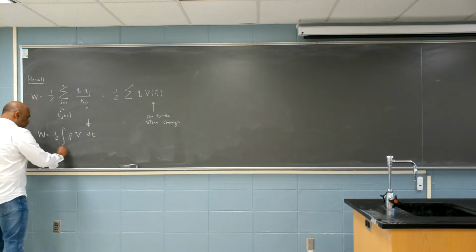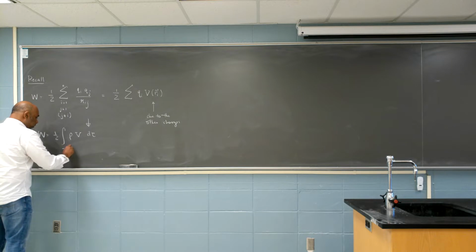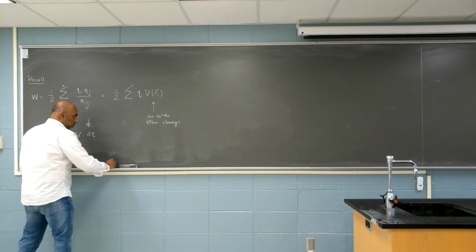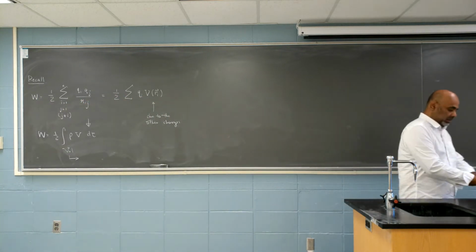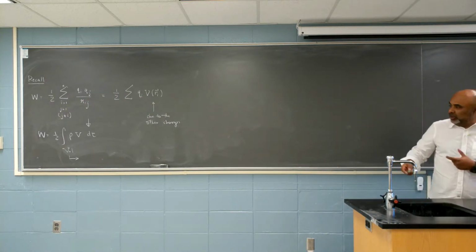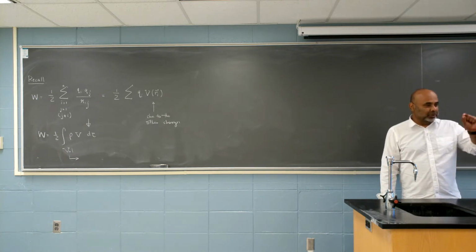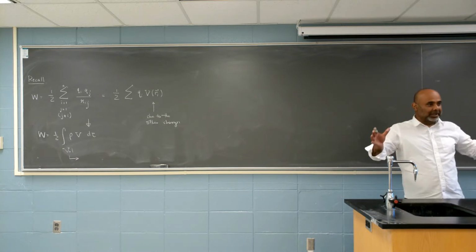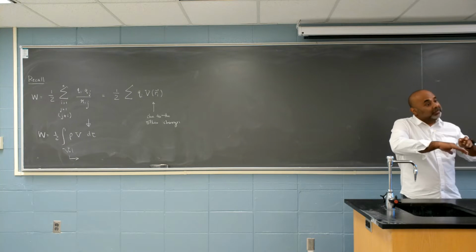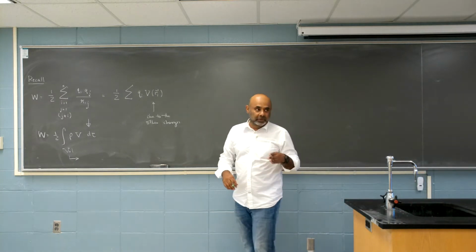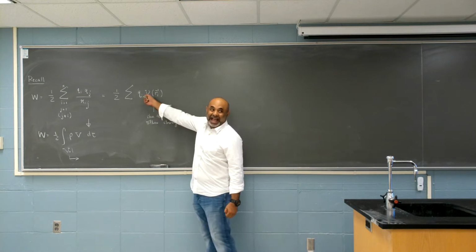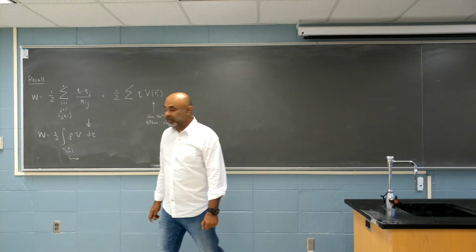Well, what volume do you include? When I use the integral expression, I won't show isolated charges, I'll just show a bulk charge, or even a sheet charge or line charge is fine. But if you have individual charges, you have to tack this on, okay?